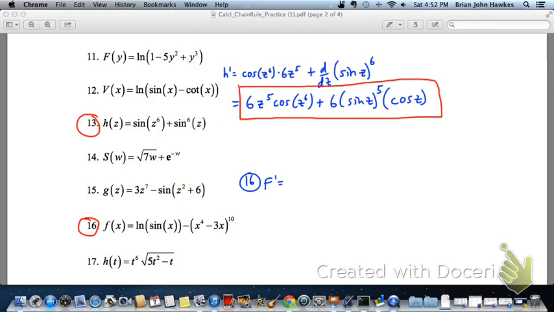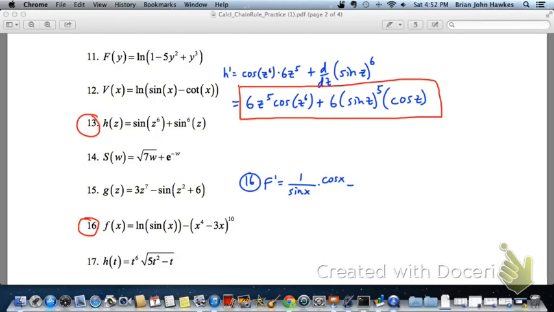Alright, so then the first function is the ln of something, and we know that the derivative of the ln of something is 1 over that something, and that something is the sine of x, so we have 1 over the sine of x multiplied by the derivative of the sine of x, and so that's going to be cosine of x. Alright, and then minus, that takes care of that one, that's it. Yeah, there's not anything else you can do with that. I'm just double checking as I'm talking to you, so yep, that's it for that.